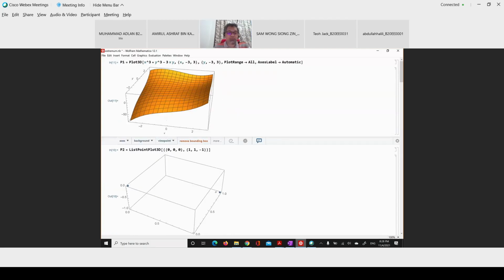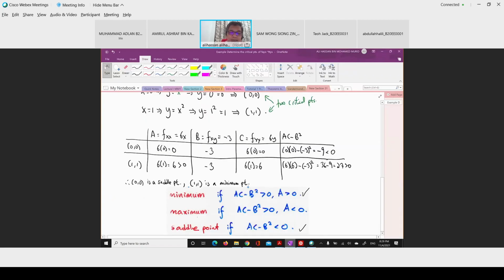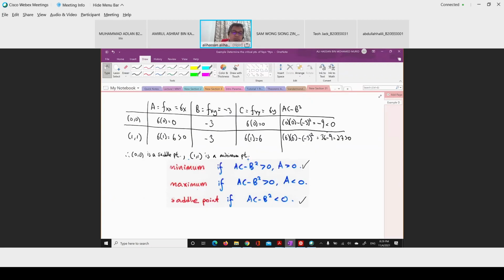And here I have plotted the critical points. We have two critical points. One is at 0, 0. The other is at 1, 1. Why is it 1, 1, minus 1? I need to explain. So this implies what?